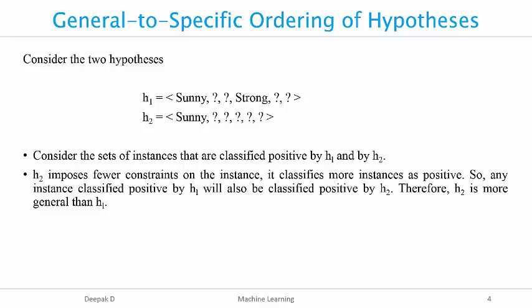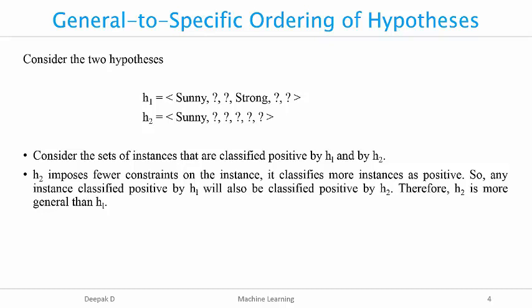Let's consider the next topic, the general to specific ordering of hypotheses. Here we will learn a relationship called the more general than or equal to relationship between hypotheses.